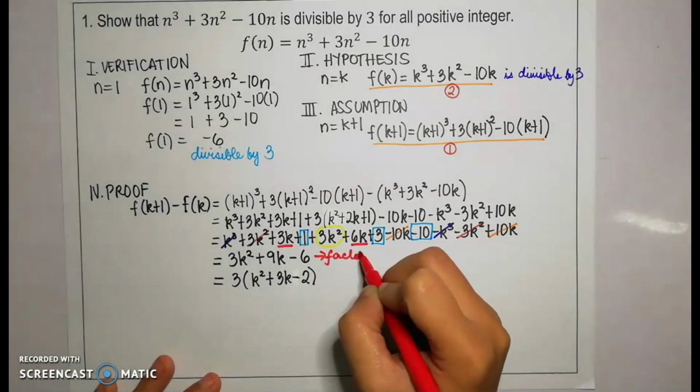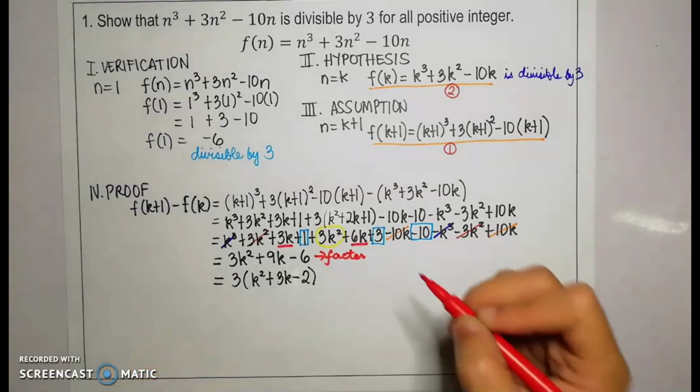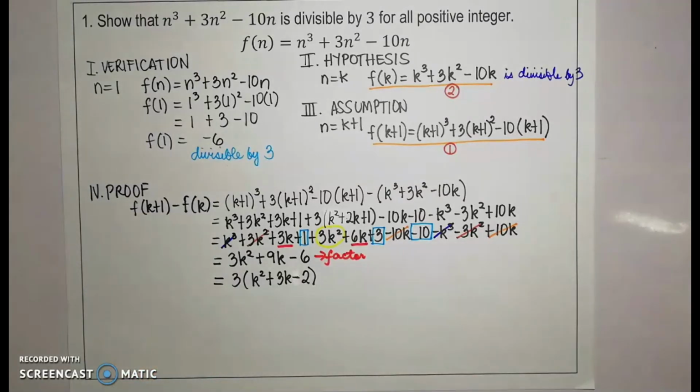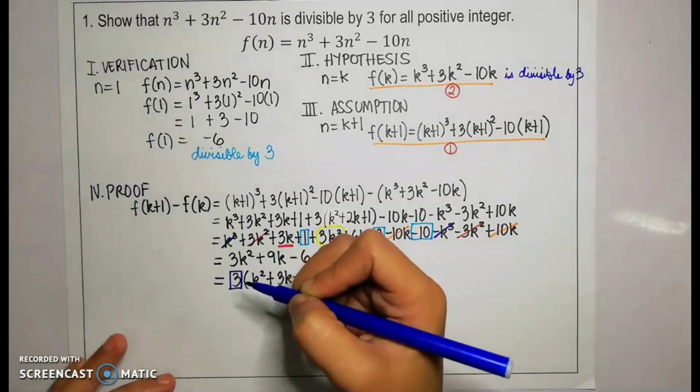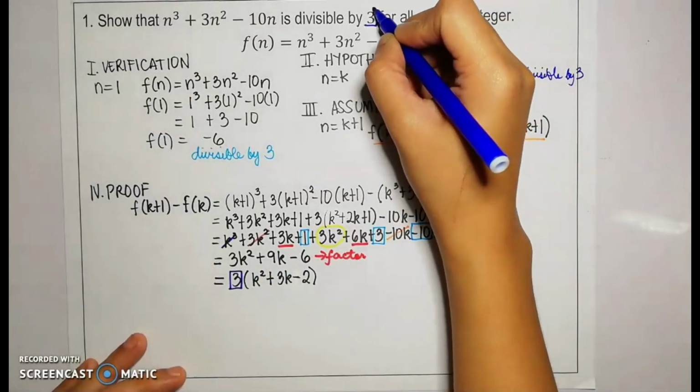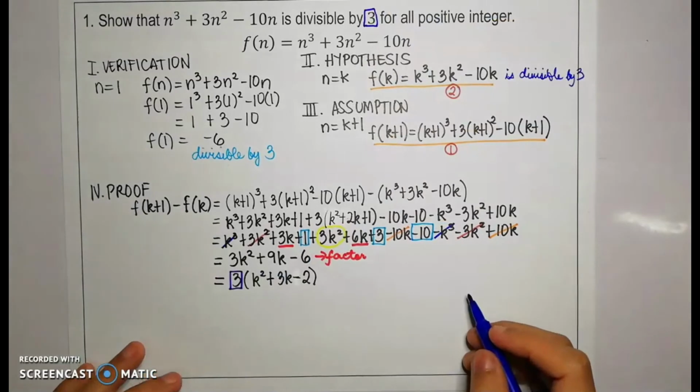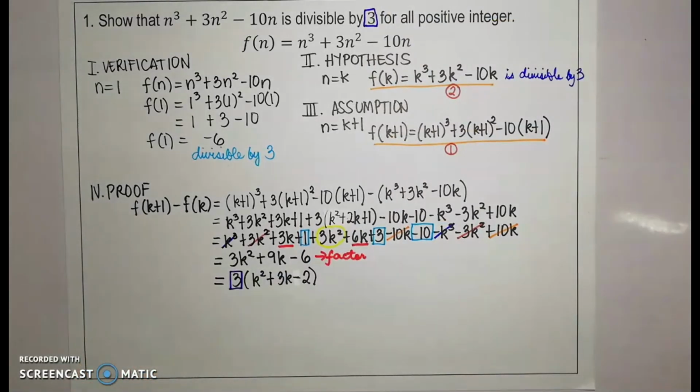So we need to factor out a common factor for these given terms, and we are left with 3, which is also divisible by 3.